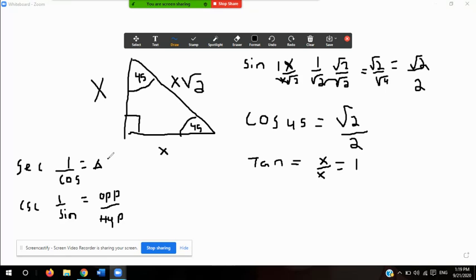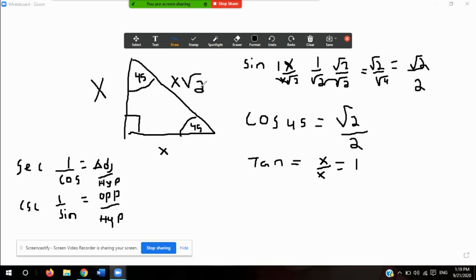Because I can just turn them upside down. So adjacent over hypotenuse. Now, how does this work? Well, very simple. If I find one, whether the cosecant or the secant, I have the other because this is an isosceles triangle. So let me just find the cosecant. So instead of using 1 over sine, I'm going to say it equals opposite over hypotenuse.